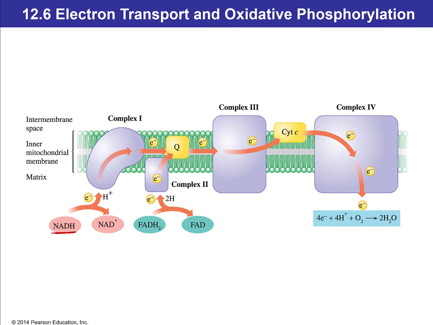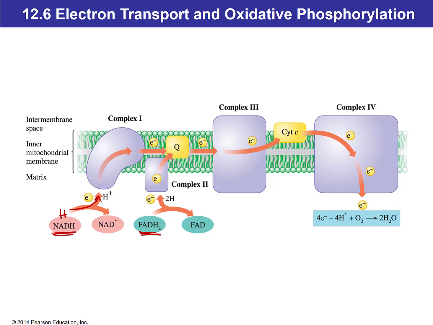So NADH, this is made in glycolysis and in the citric acid cycle. FADH2, made just in the citric acid cycle. It takes the hydrogen and it splits the hydrogen into a hydrogen ion and an electron. So if you remember, hydrogen is element number 1, has 1 proton and 1 electron.